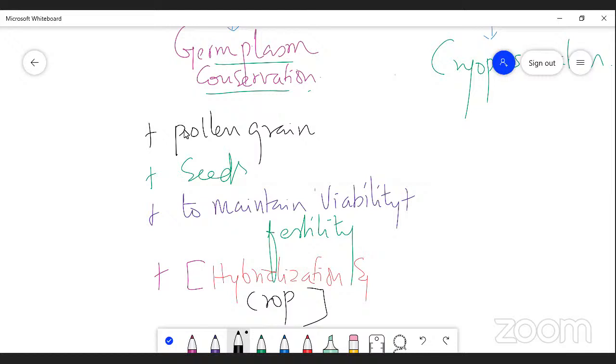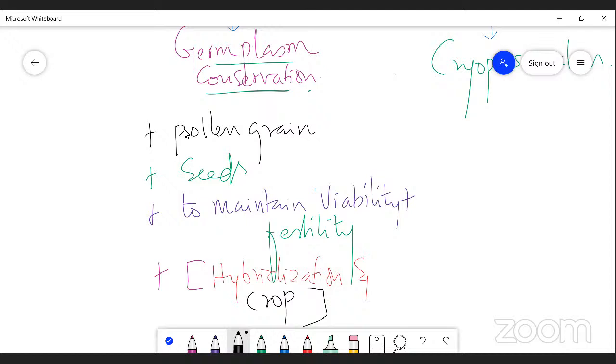Simply talking about germplasm conservation, it is a method of conservation of plant genetic resources that includes pollen grains and seeds. If the pollen grains are viable, this viability can be retained even if they are stored for a long duration, right? For the study of pollen grain, it can be stored.